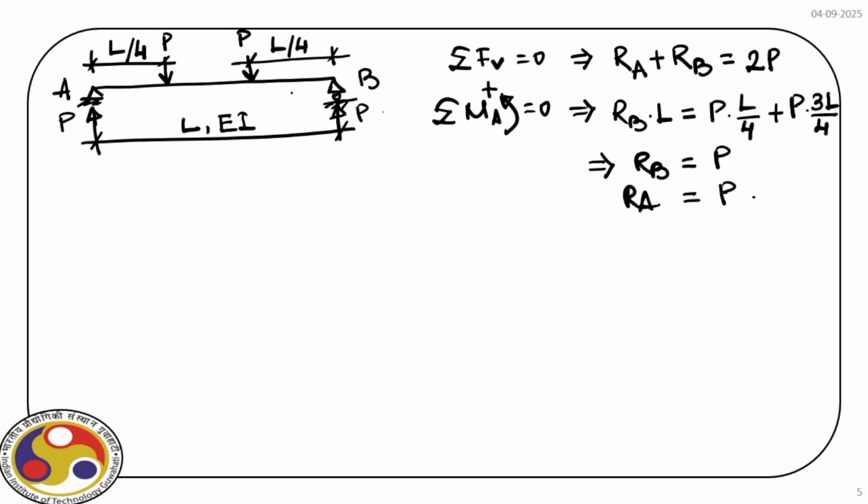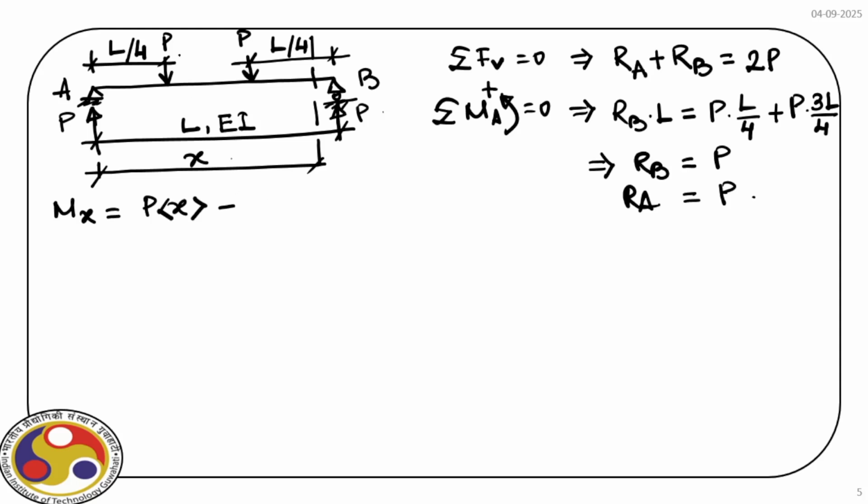Now, when we apply Macaulay's method, we consider a section covering all the loads, right? So we have two loads, then we get X here. So for this section, Mx is equal to RA, which is P, so we have P times X, but we apply Macaulay's bracket here.